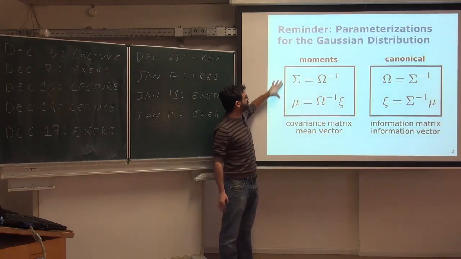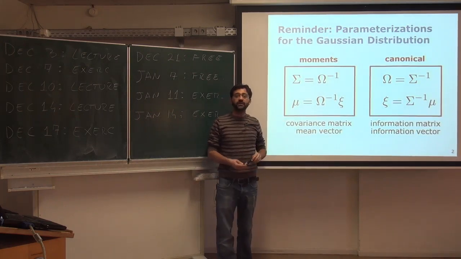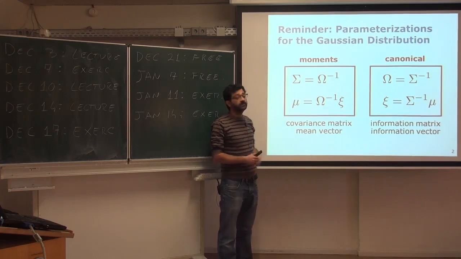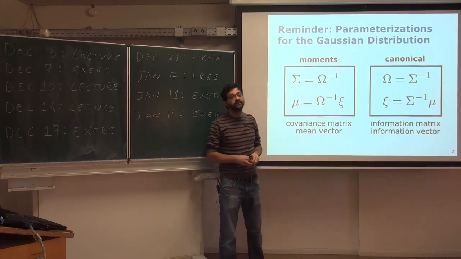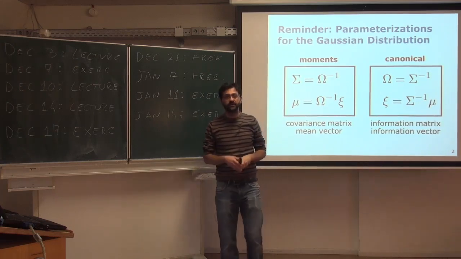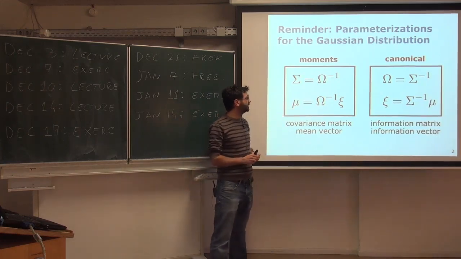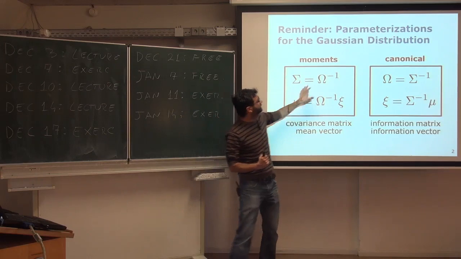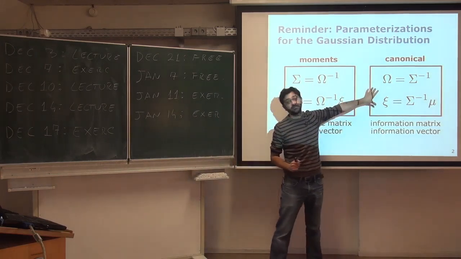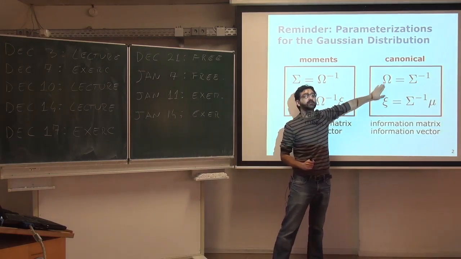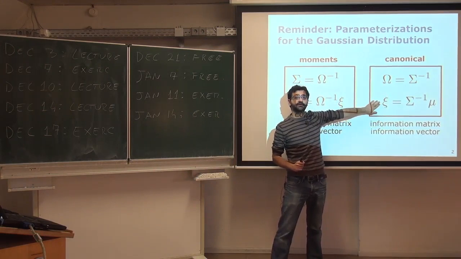A bit of coming back. These are the two main parameterizations that we can use to parameterize a Gaussian random variable. We have the moment parameterization, where we have the covariance matrix and the mean of the distribution. And on the other side, we have the canonical representation, where we have the information matrix and the information vector.